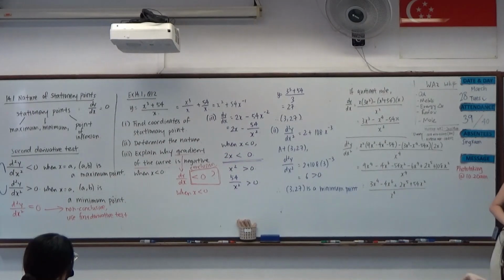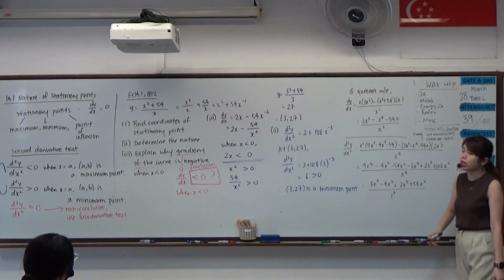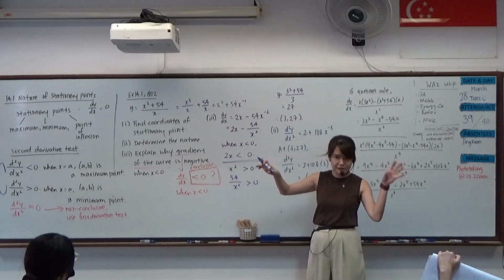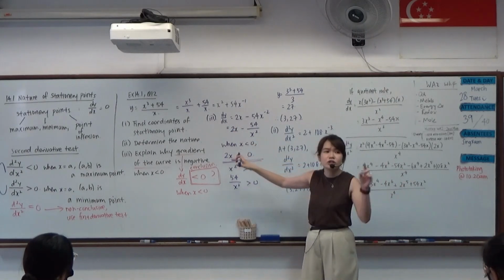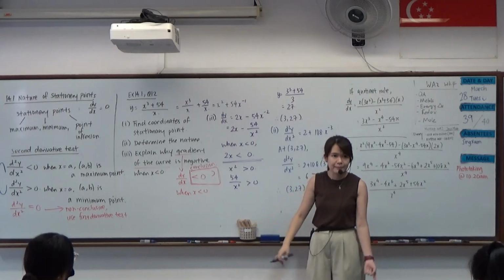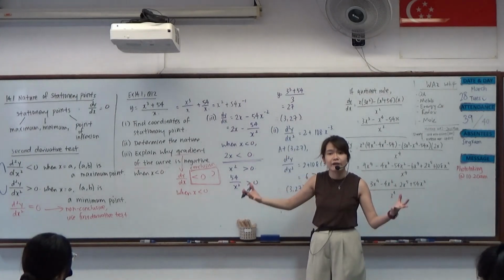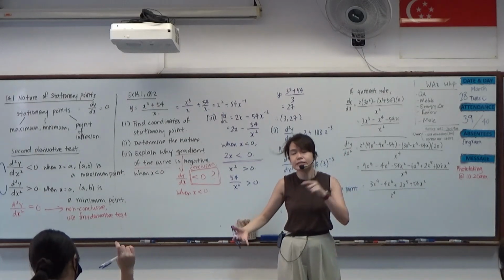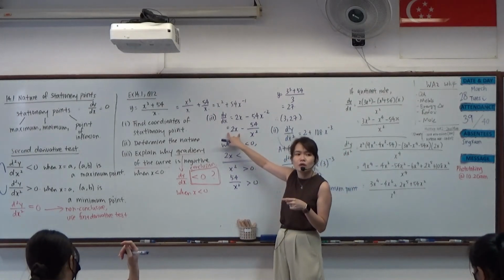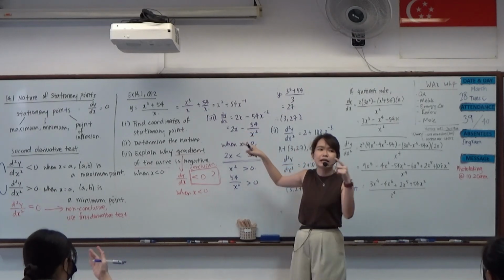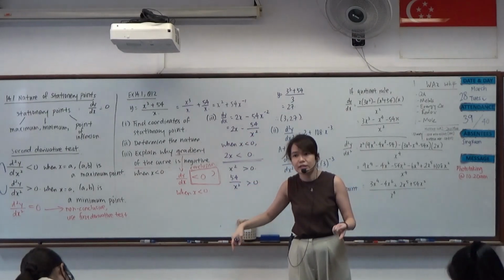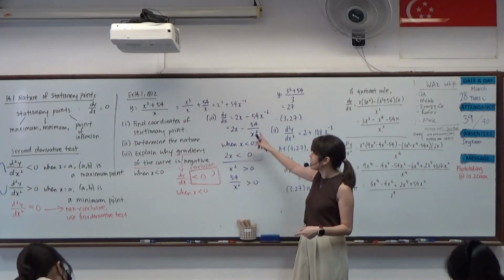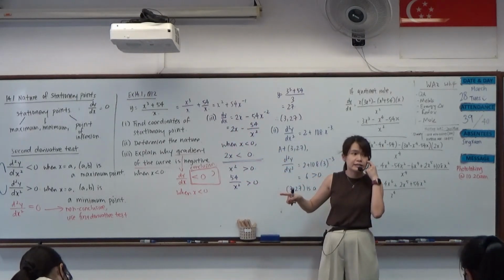So what does this mean? Piecing them together, if 2x is already negative in value and I continue to minus a positive number, the entire thing will have to become negative, right? Think about your numbers. If this is negative 2, you continue to minus numbers like 3, 4, 5, 6, or even minus 1 or 0.1, the entire thing will still remain negative.